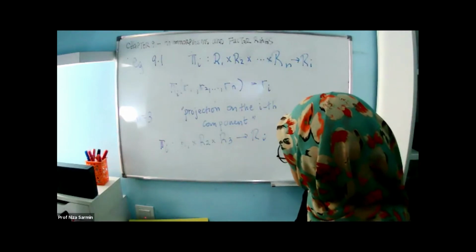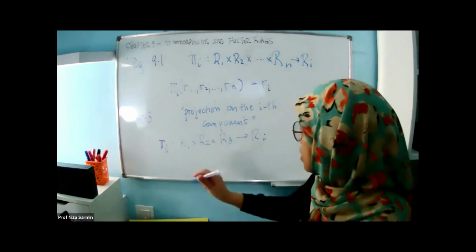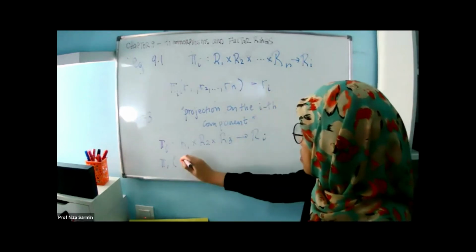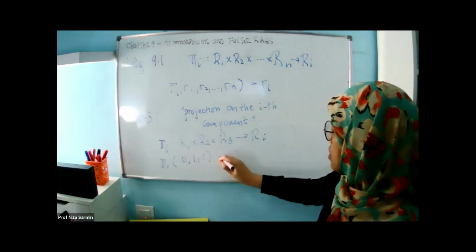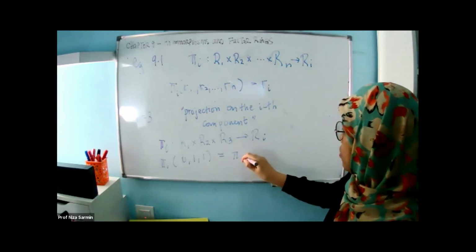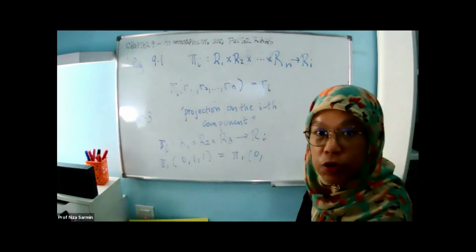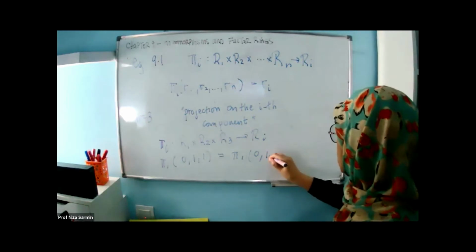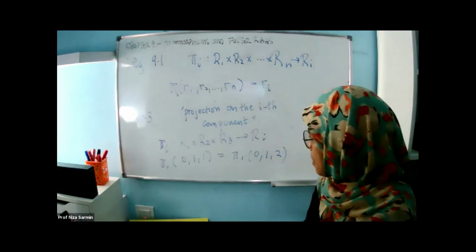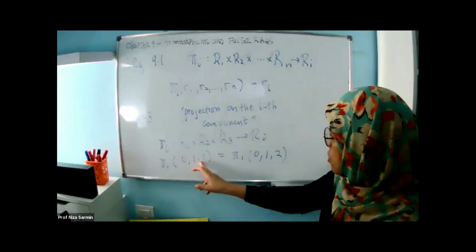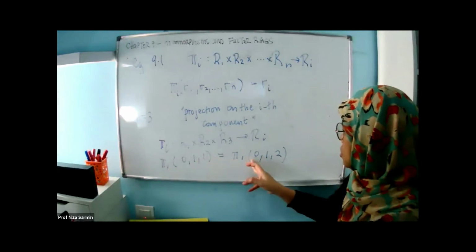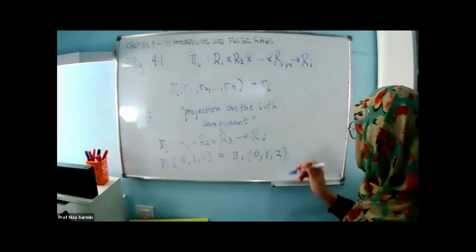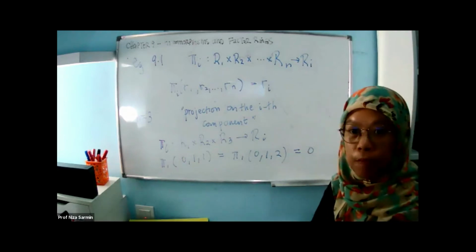And you can see phi 1 of (0, 1, 1) is equal to phi 1 of (0, 1, 2). Suppose the ring is the integers. Then phi 1 of (0, 1, 1) is equal to phi 1 of (0, 1, 2), which with I equal to 1 is equal to 0, right?